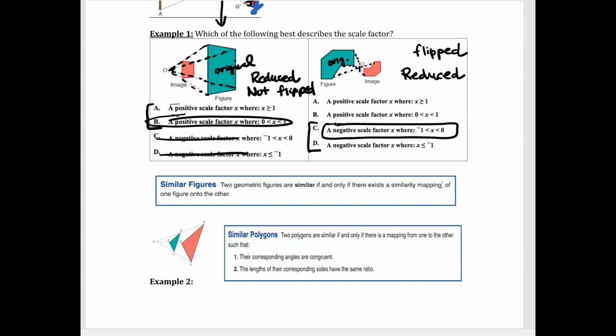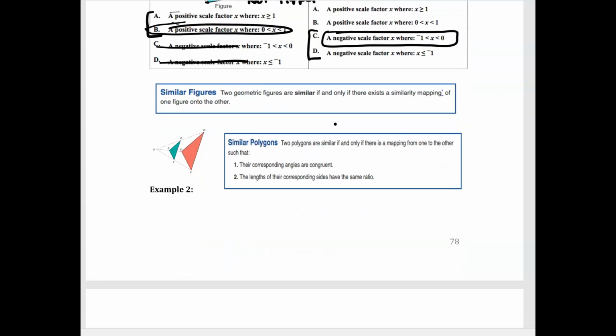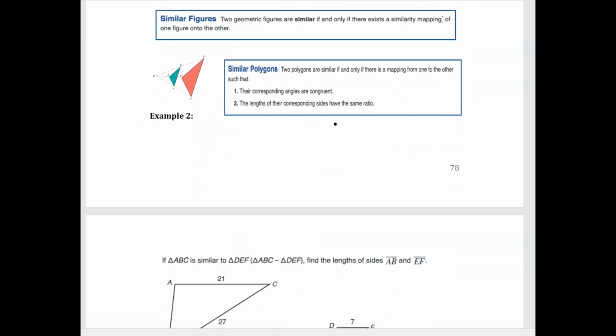So let's scroll down here. Let's talk about the properties for similar figures and similar polygons. Similar figures, we said, were the same shape, but not necessarily the same size. The more specific definition would be they're similar if and only if there exists a similarity mapping of one figure to the other.